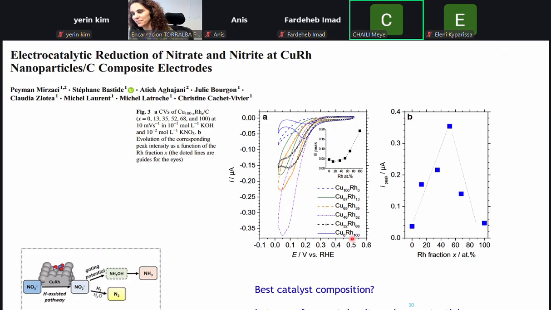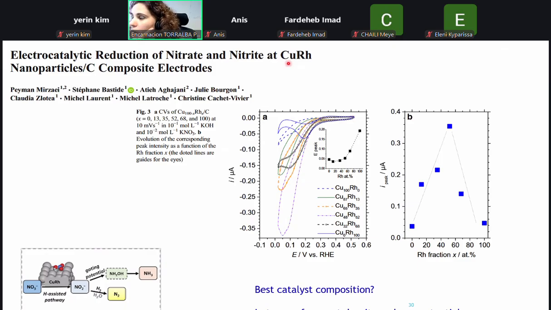Yes, maybe. Please. Okay, so I have a reaction that is taking place on an electrode. And this electrode, in this kind of work, is carbon in which we have put copper rhodium, so a bimetallic copper rhodium.